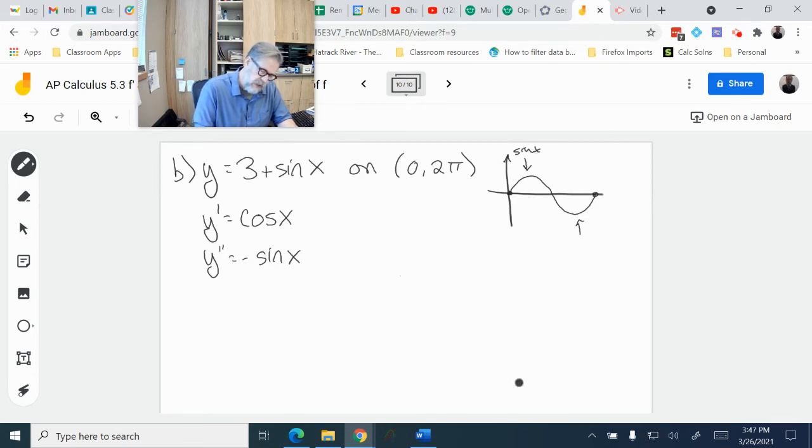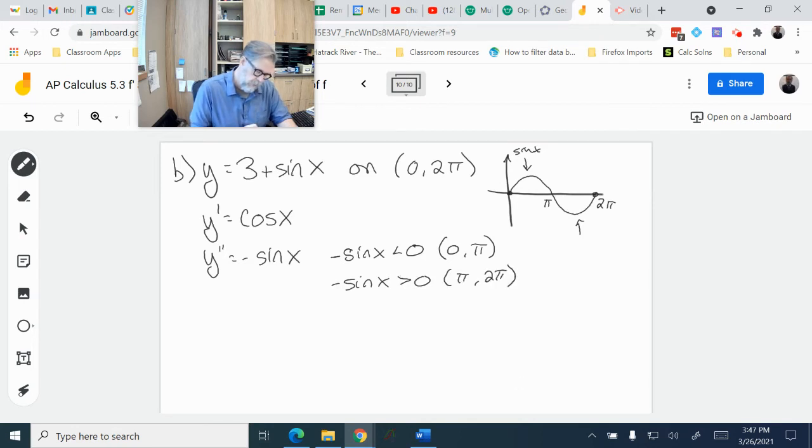We can see, this is pi and this is 2 pi, that negative sine of x is less than 0 in the interval 0 to pi, and negative sine of x is greater than 0 in the interval pi to 2 pi.